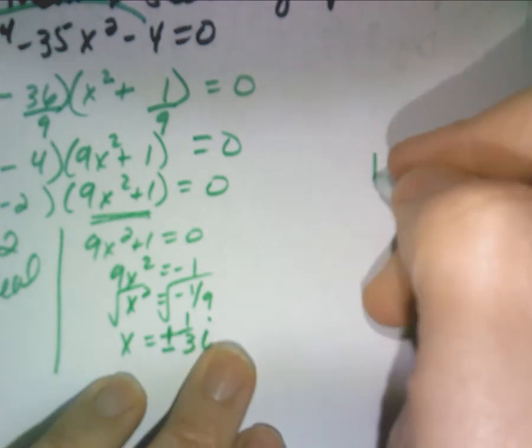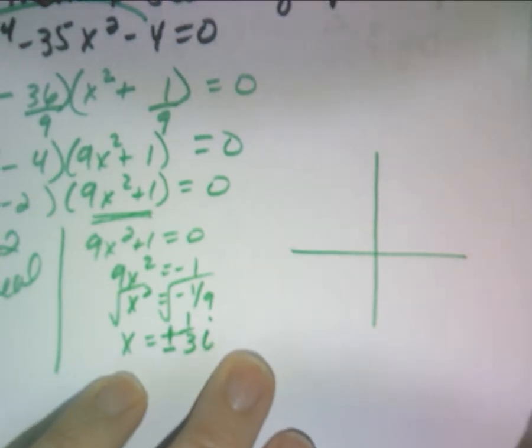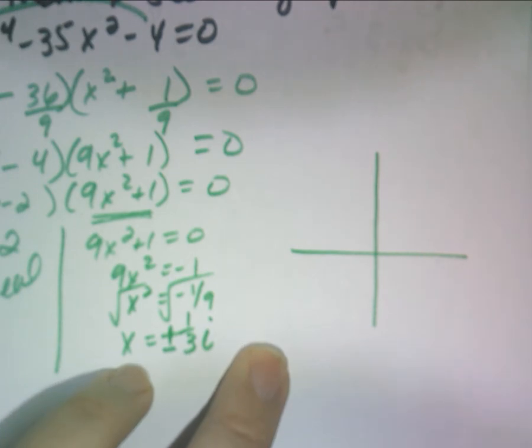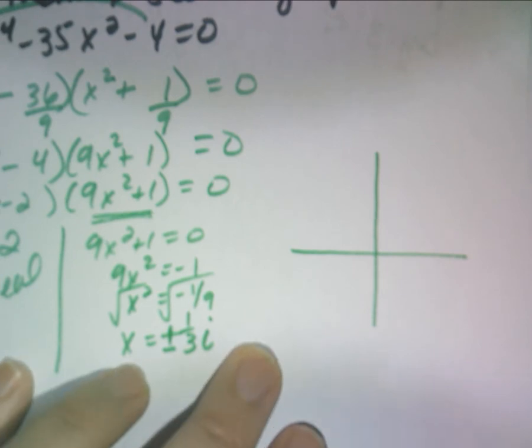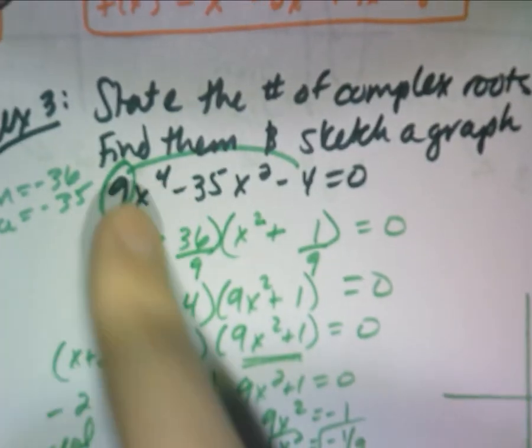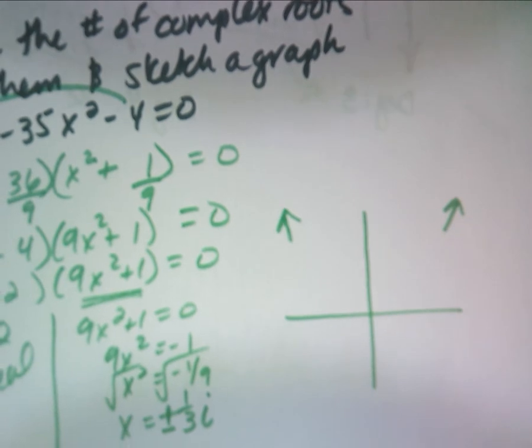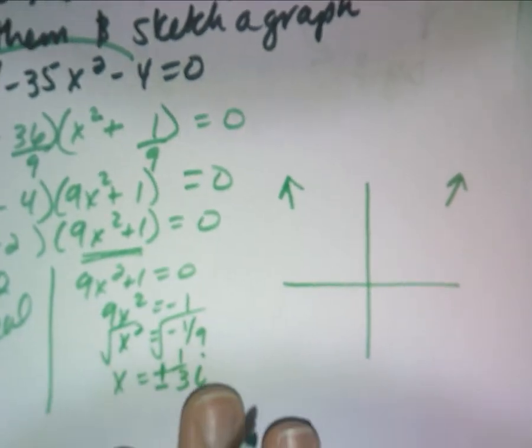So degree 4, for those who don't remember their end behavior, what's the end behavior of a degree 4? It looks like a degree what? 2. And what do degree 2s do? They go either up, up, or down, down. Well, if it's a 9x to the 4th, it's going to start up and end up. And here's what's going to happen.